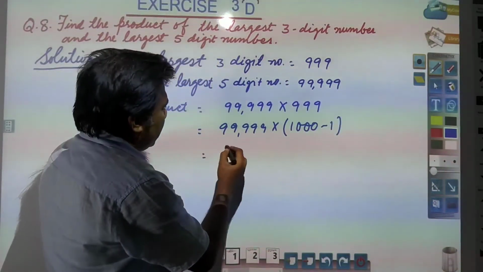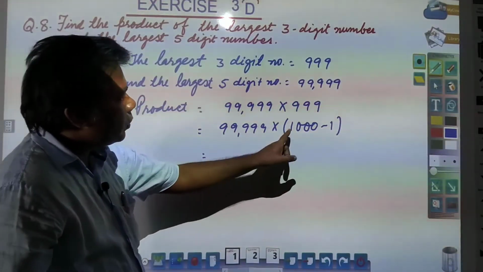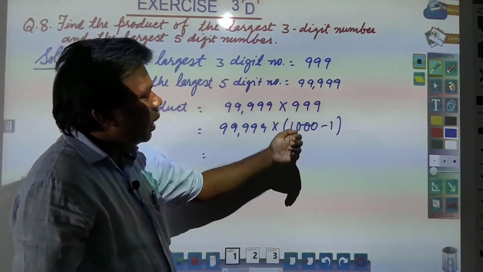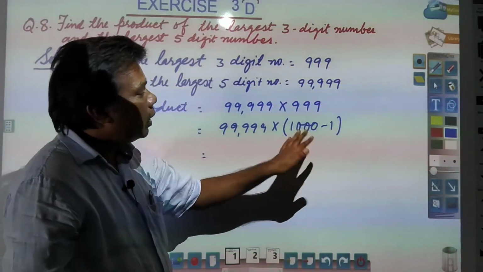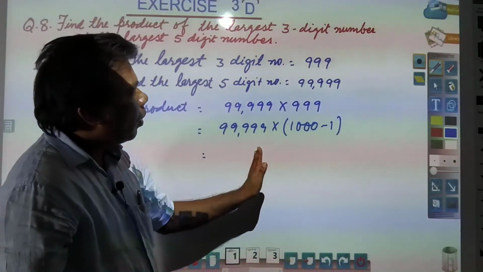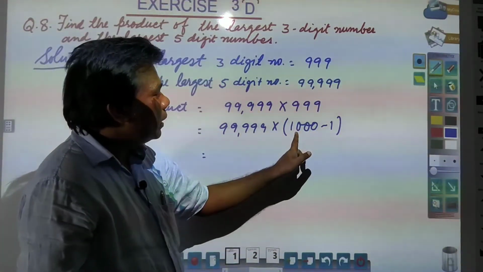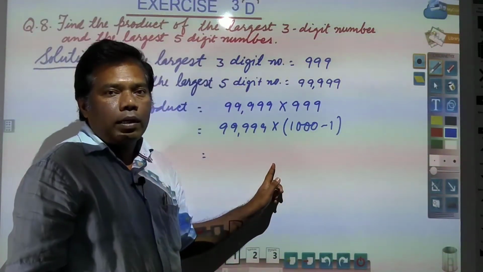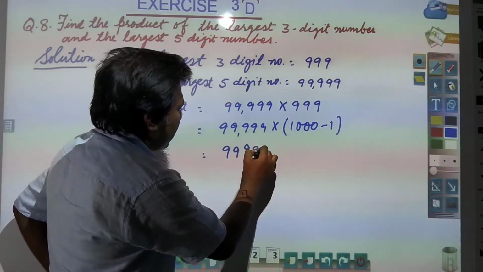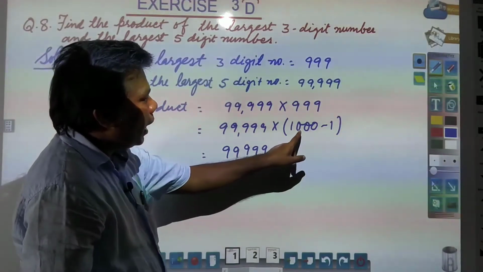Just multiply this with 1000. When we multiply with 10, 100, 1000 and so on, we only need to write the number and on the extreme right add the zeros. So here you see 99999, 5 times, and 3 zeros.